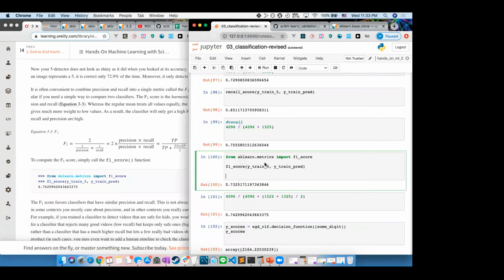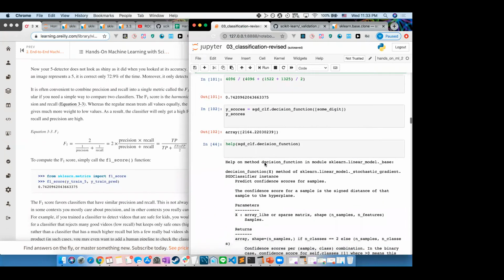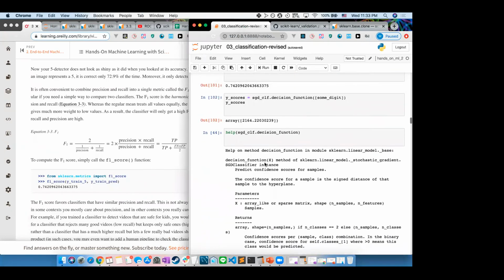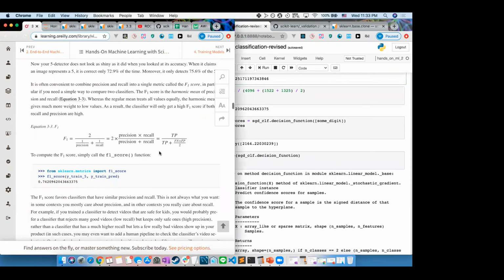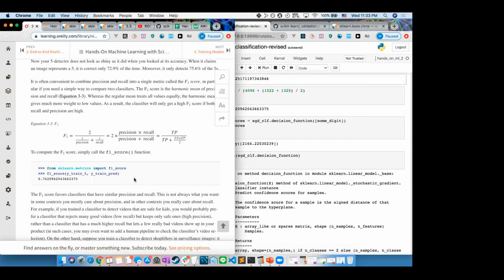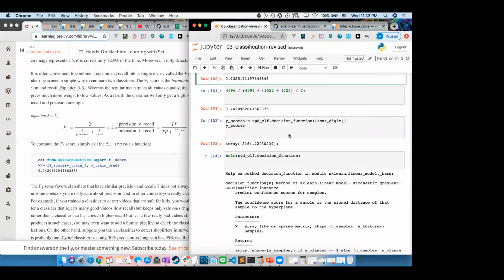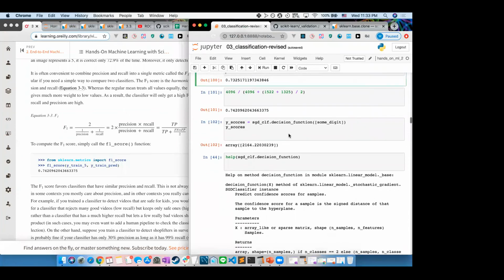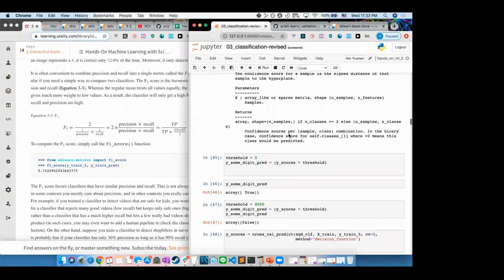So F1 score is a pretty balanced way of combining both precision score and recall score. And it's usually a score that's widely used to do classification jobs. Anyone want to add something to this F1 score?